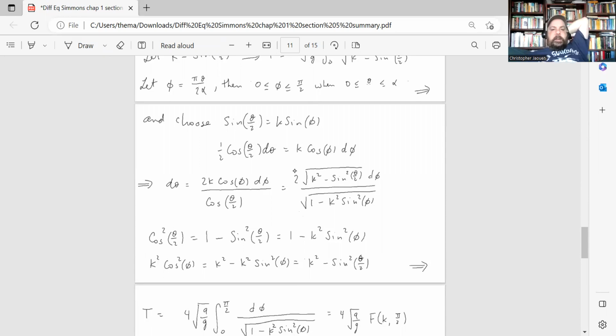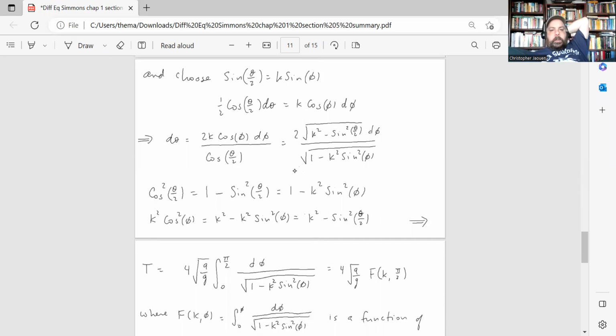So letting sine of theta over 2 equal k sine of phi, and then differentiating to find the differential, we get 1/2 cosine theta over 2 d theta equals k cosine phi d phi, and we need to solve for d theta. So, dividing both sides by 1/2 cosine theta over 2 gives us this expression here.